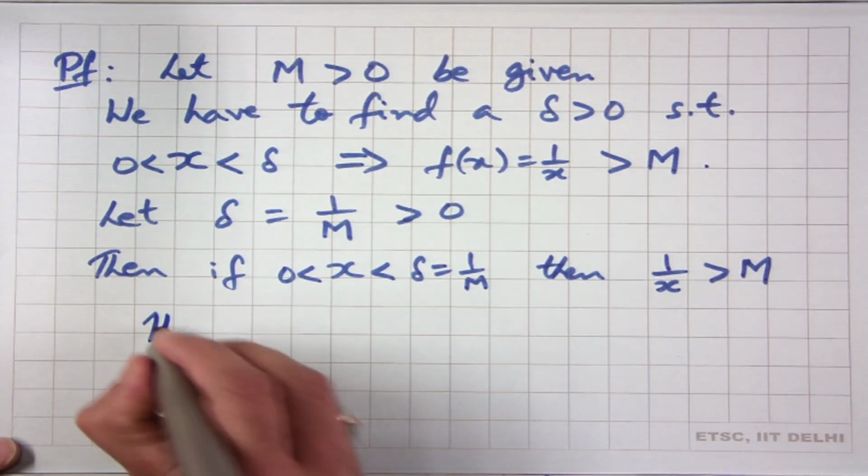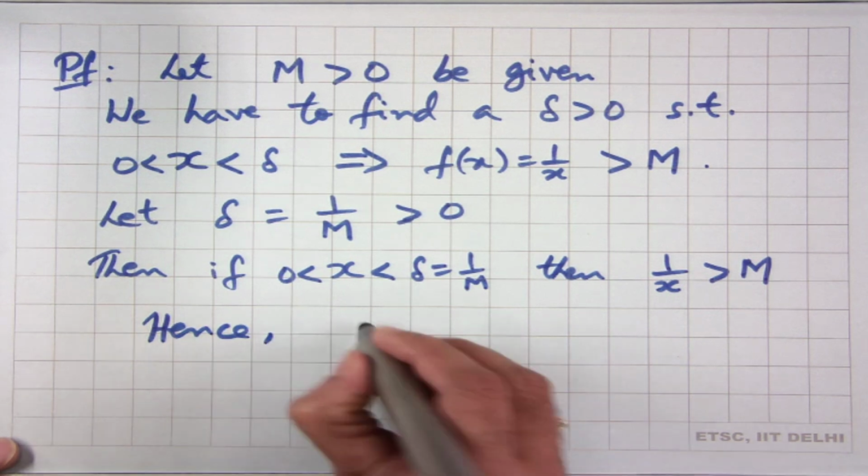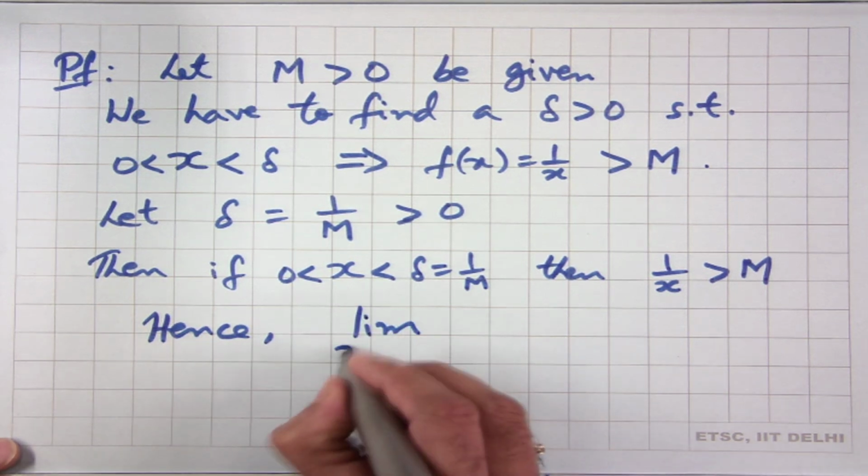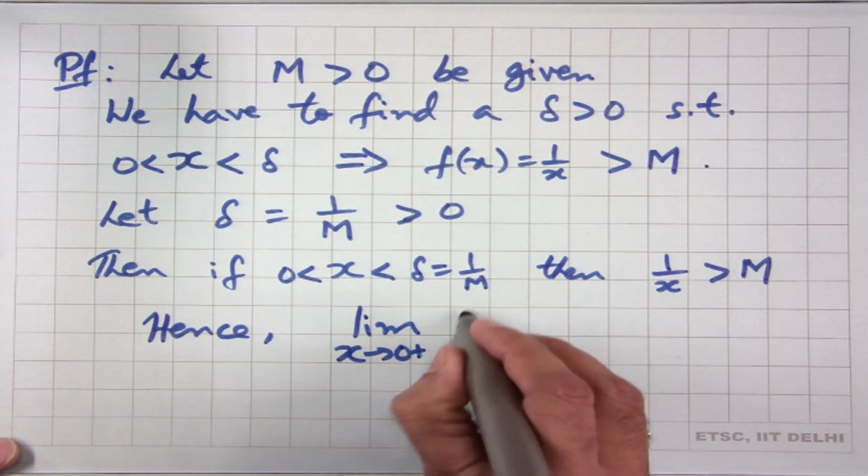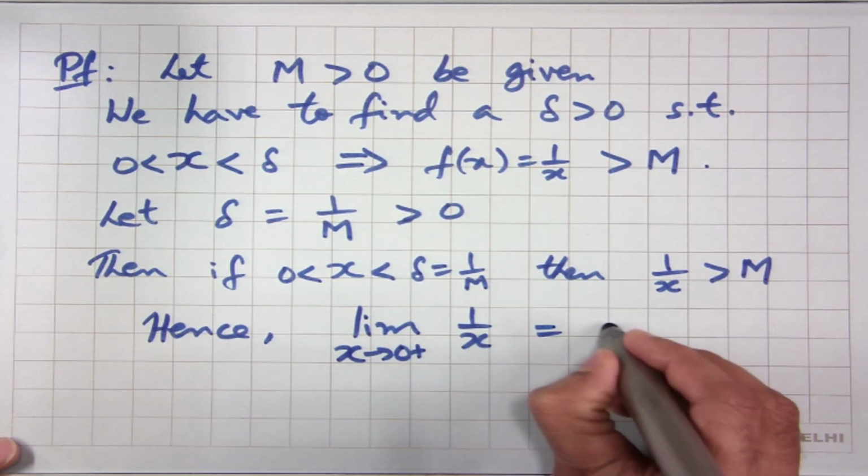Hence, the right hand limit at 0 of 1 by x is equal to infinity.